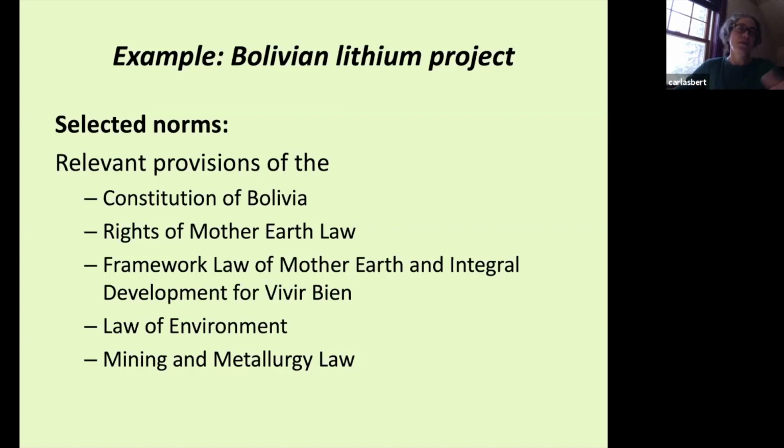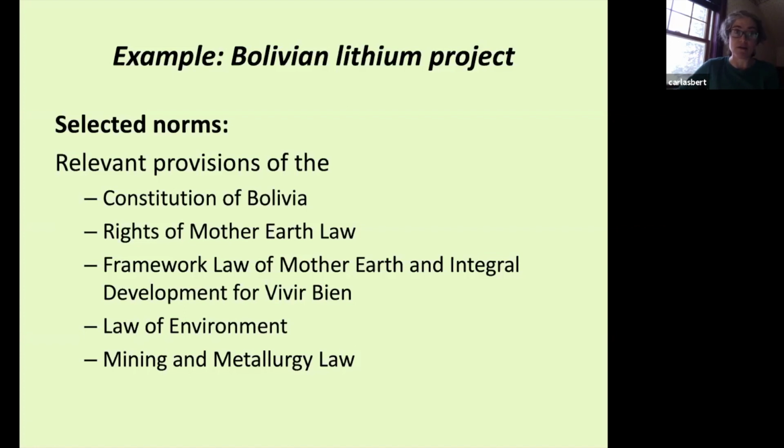They do. There's a major lithium industrialization project in a very remote and relatively untouched area, well, not anymore, of Bolivia.